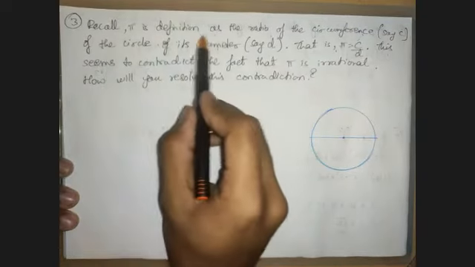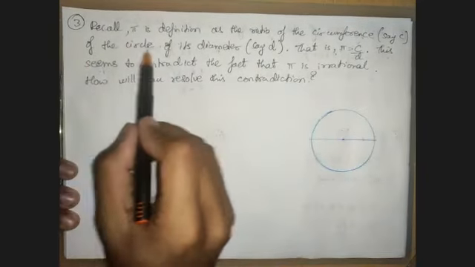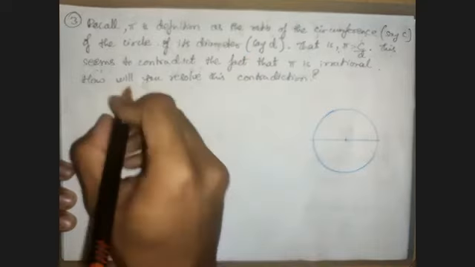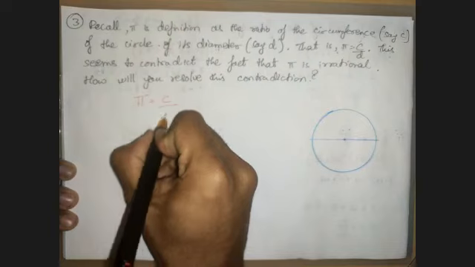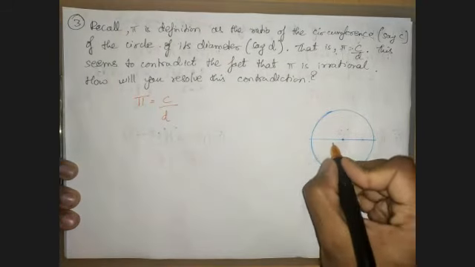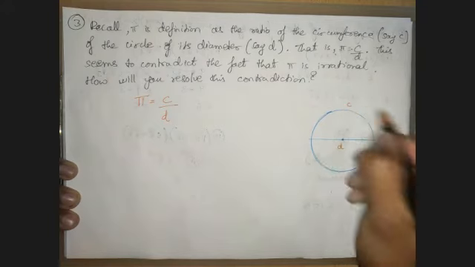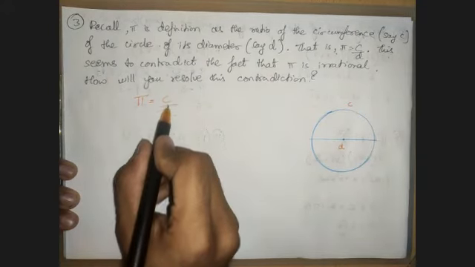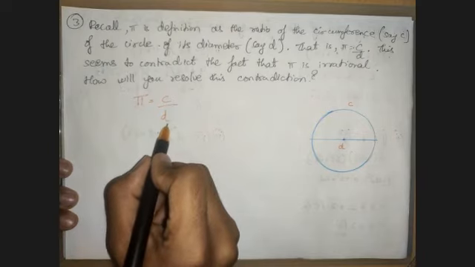Recall pi is defined as the ratio of the circumference of a circle to its diameter. That means, as we all know, pi is the ratio of the circumference to the diameter, where in the circle the diameter is d and the circumference, the length, is c. So pi is given by the ratio of the circumference to the diameter. We all know this.